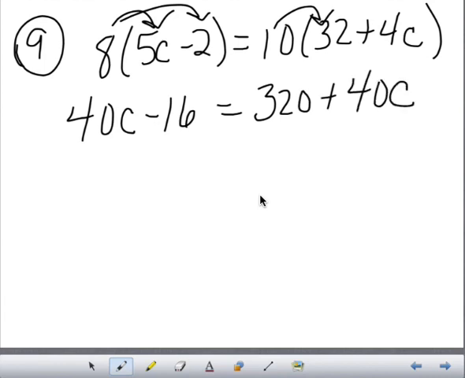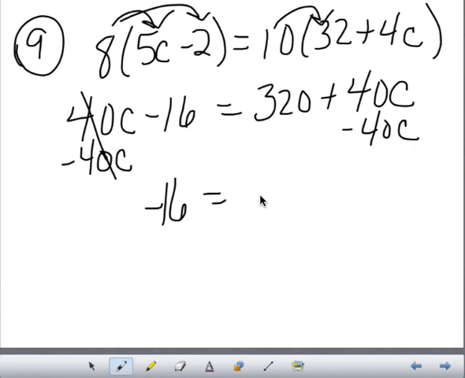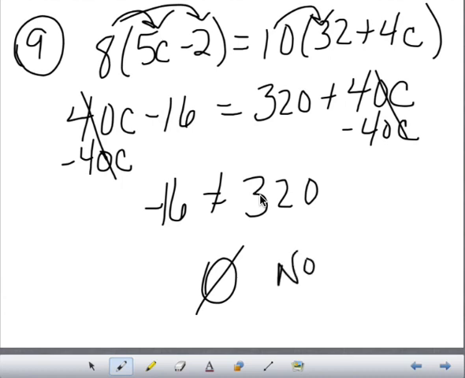Again, I want to get my c's on one side of the equation only, so I'm going to subtract 40c from both sides. Those cancel out, leaving me with negative 16, and those cancel out, leaving me with 320. Can negative 16 ever equal 320? No, so my answer is the null set, which you can write like that. You can put no solution, however you want to write it. There is no number that will make that a true sentence. There's no way. So there's no solution.